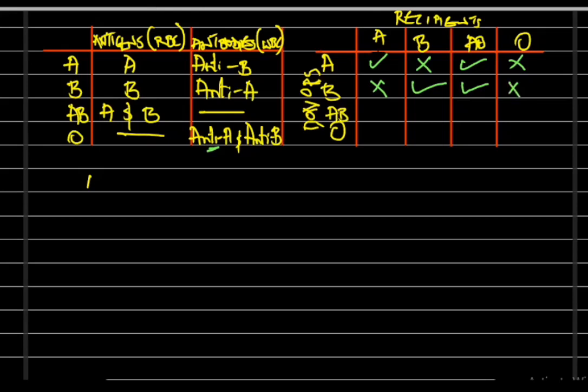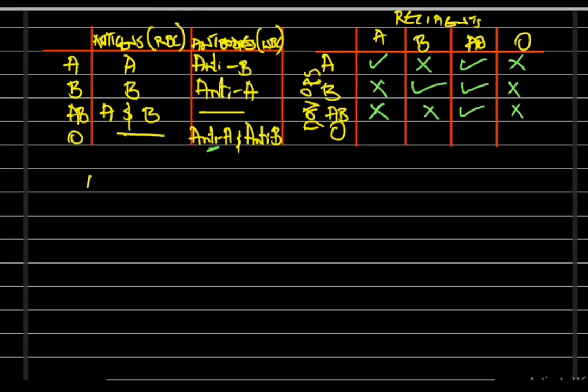AB cannot donate to A because even if AB has antigen A, it also has antigen B, and because the blood type A, which is the recipient, has anti-B antibody, it will clot with the B factor coming from the AB blood type, so this is not possible. And a similar fate is what happens to AB donating blood to B blood type, but AB can donate blood to AB.